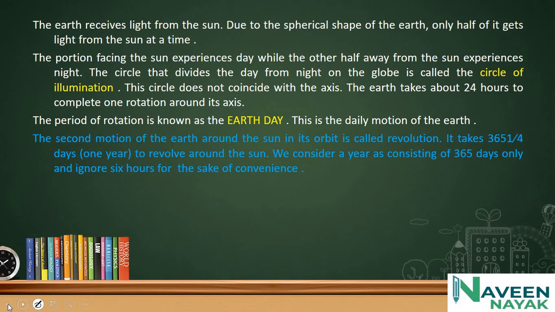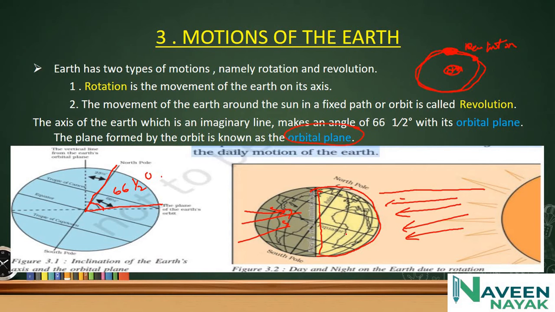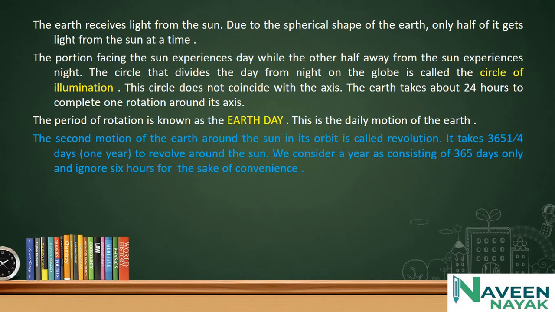You can see here the sunlight is falling over one part of the earth, and at the back we don't receive the sunlight, because one part is facing towards the sun, and the earth is geoidal in shape.